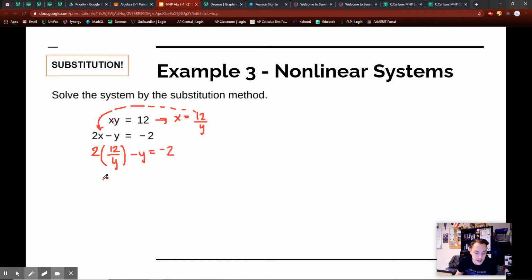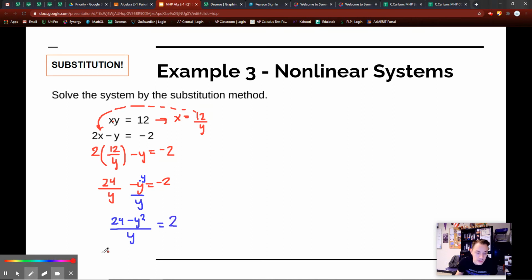Okay, so this becomes 24 all over y minus y equals -2. I want to combine terms here, so I need a times y times y. So that actually gives me 24 minus y squared all over y, and then equals 2. But then I need to get rid of this y, so times y, that goes poof.